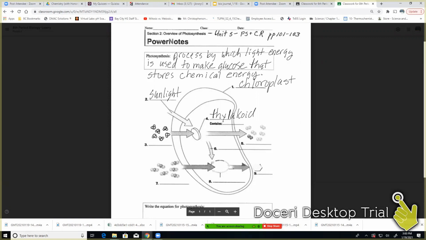And we said it contains chlorophyll. Without that green pigment, the chloroplast could not absorb the light energy it needs for that process.